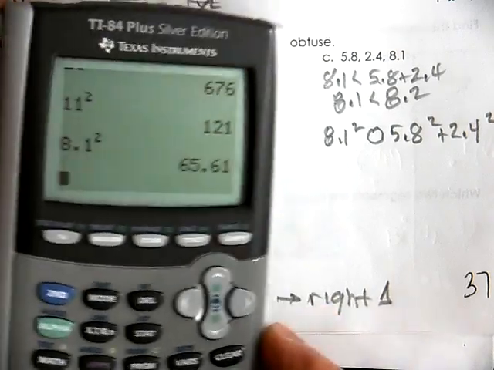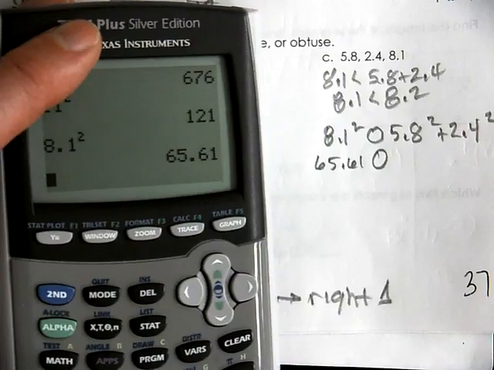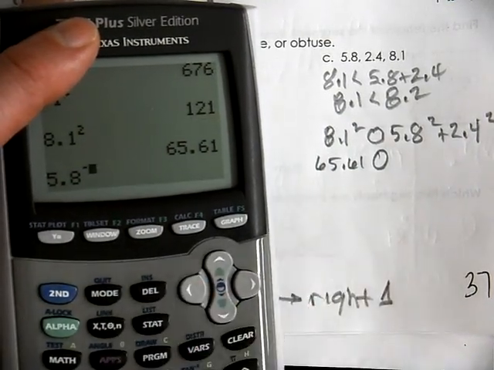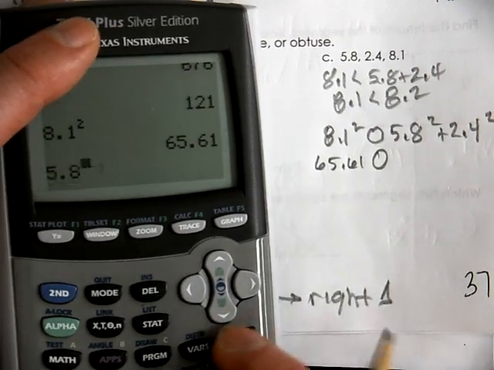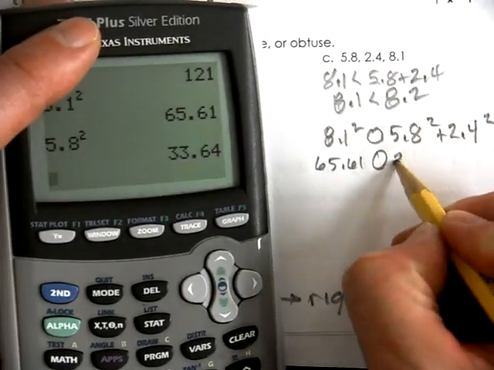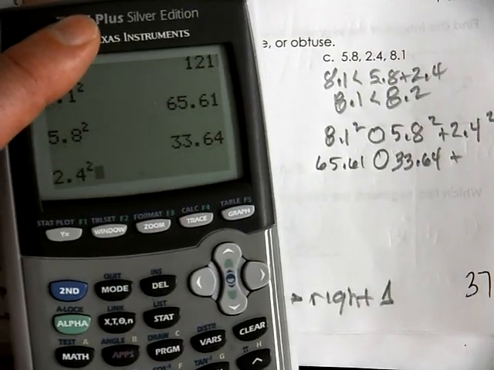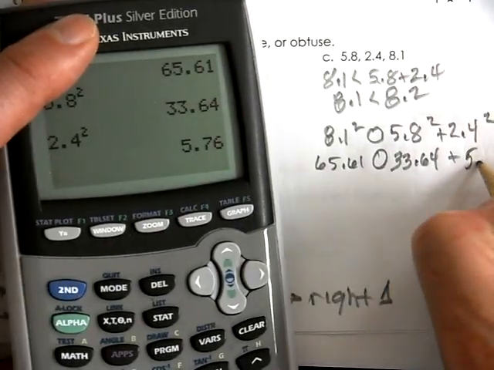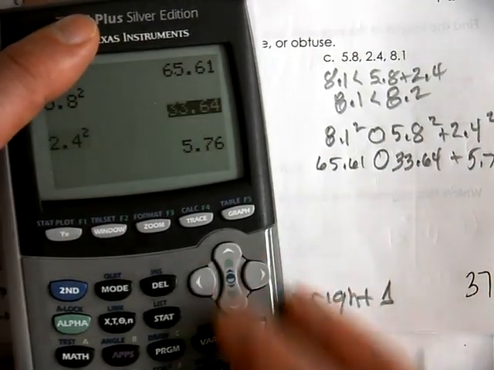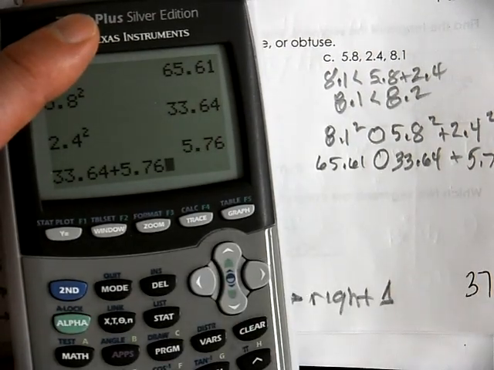8.1 squared gives us 65.61. Compare that with 5.8 squared. Okay, let's try that again. 5.8 squared is 33.64, and 2.4 squared is 5.76. So we add those two numbers together. 33.64 plus 5.76.